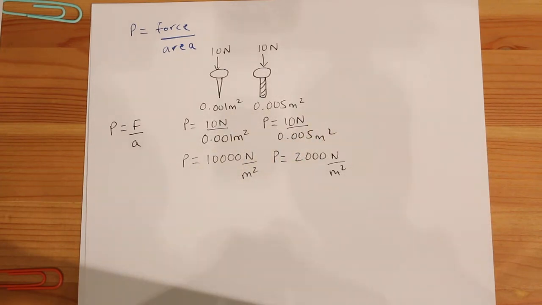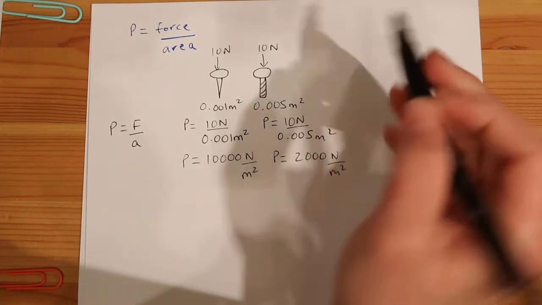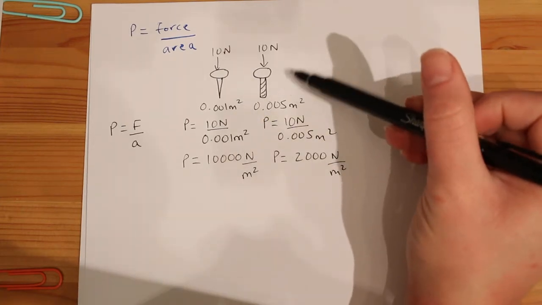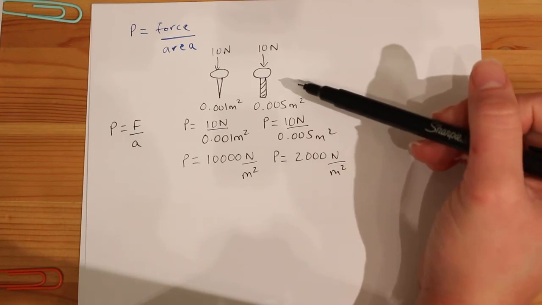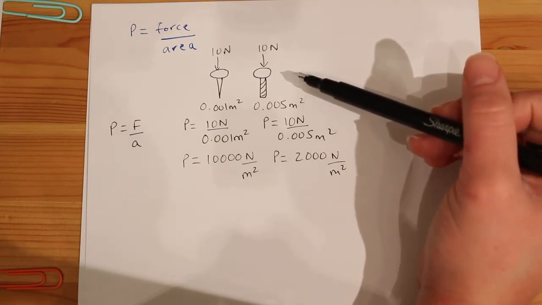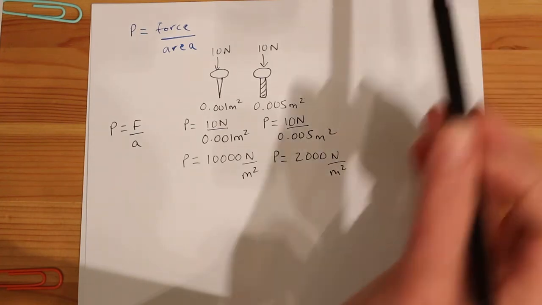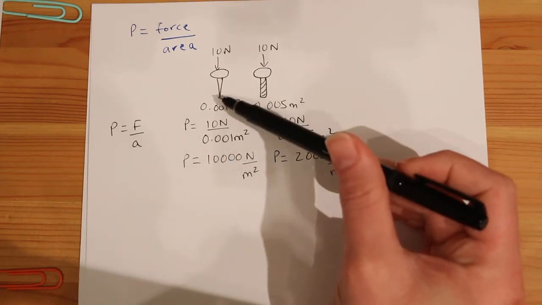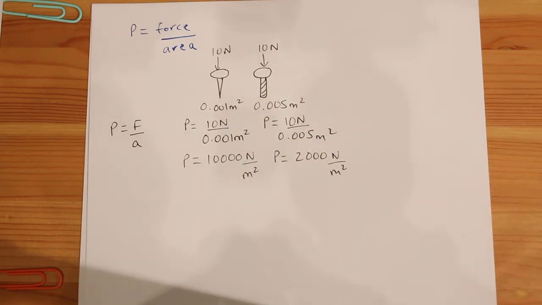Hopefully you can appreciate that applying the same force to these two objects leads to totally different pressures, because for the screw, the force of 10 newtons is being applied over a greater area, since the point of the nail is much smaller.